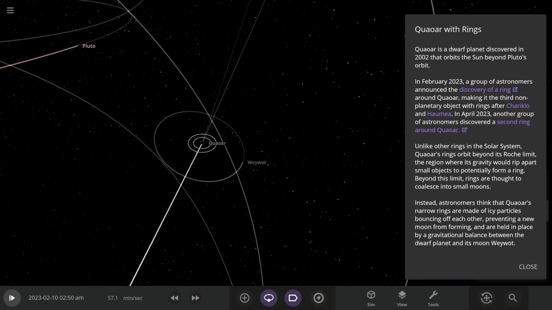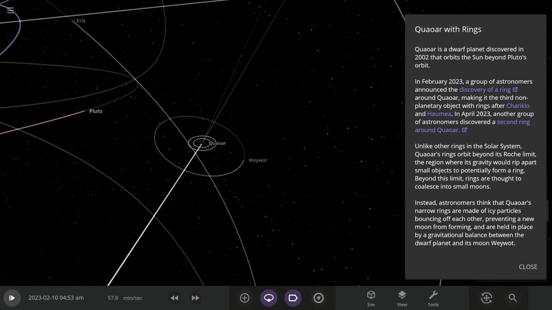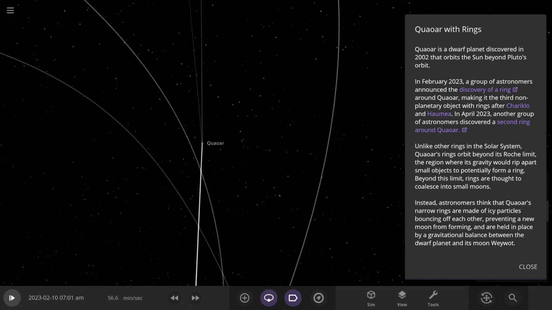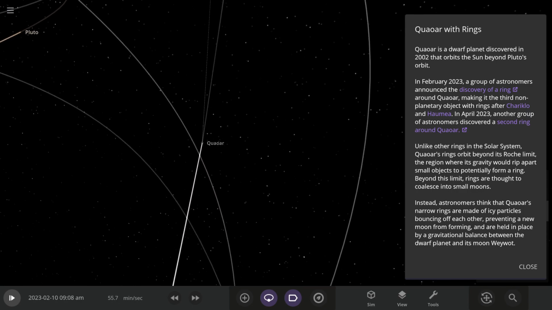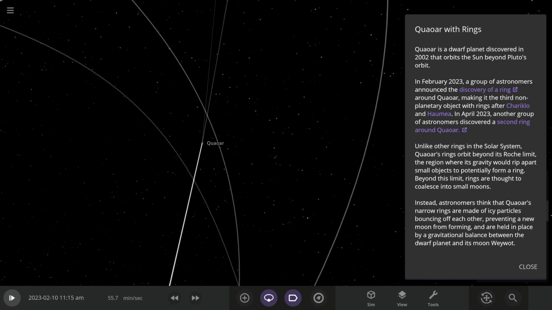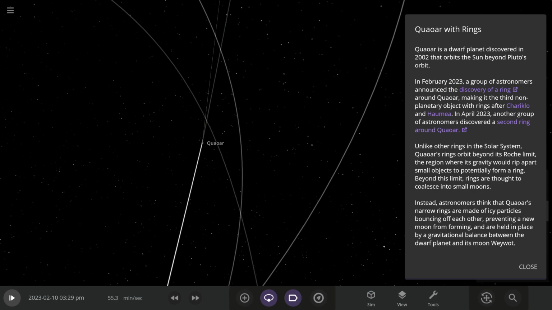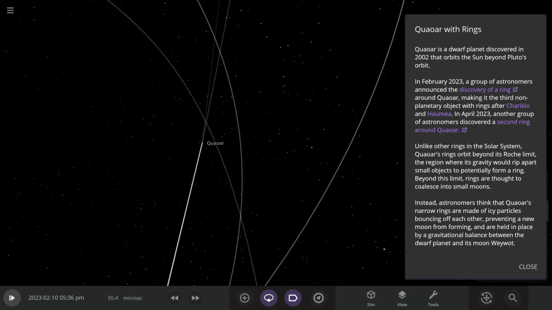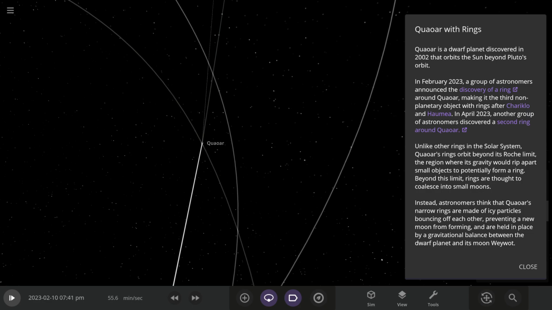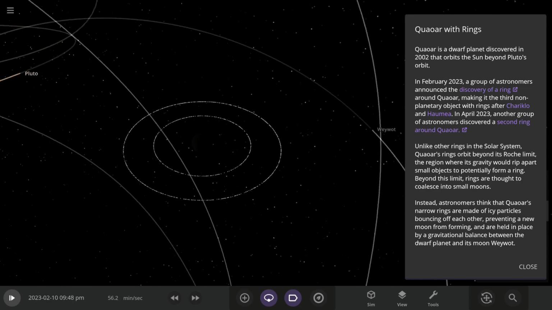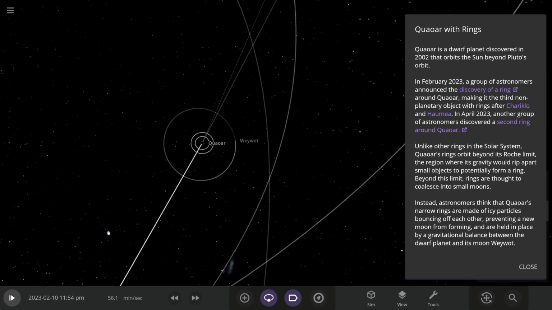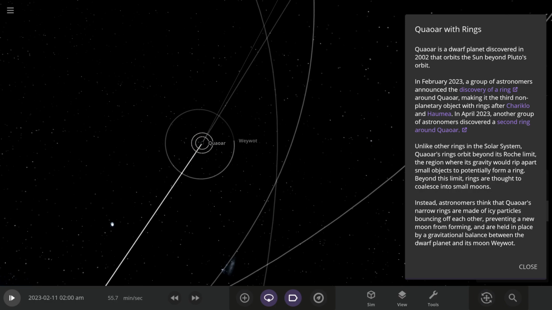In February of 2023, a group of astronomers announced the discovery of a ring around Quaoar, making it the third non-planetary object with rings after Chariklo and Haumea. In April of 2023, another group of astronomers discovered a second ring around Quaoar. I'm probably not saying that right, but please correct me if I'm not.